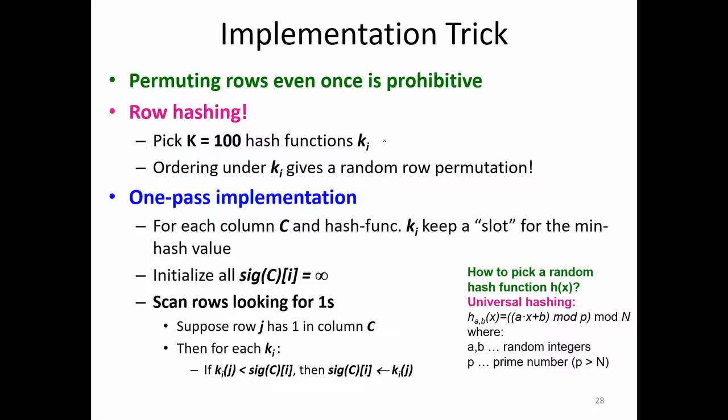Now you initialize the signature matrix, sig c of i, the cth column and ith row, to infinity. So you first assume all the min hash signatures are infinite. Now you scan the rows looking for ones.